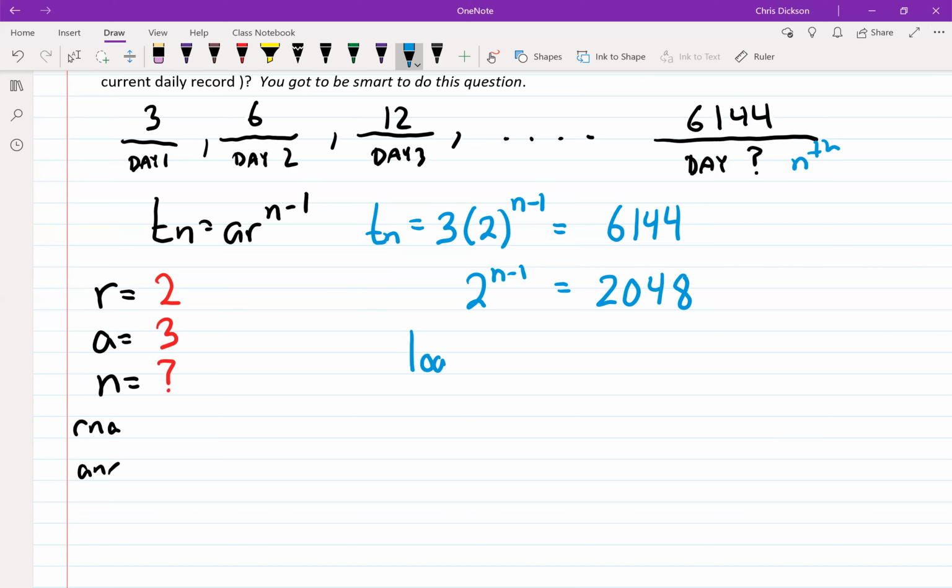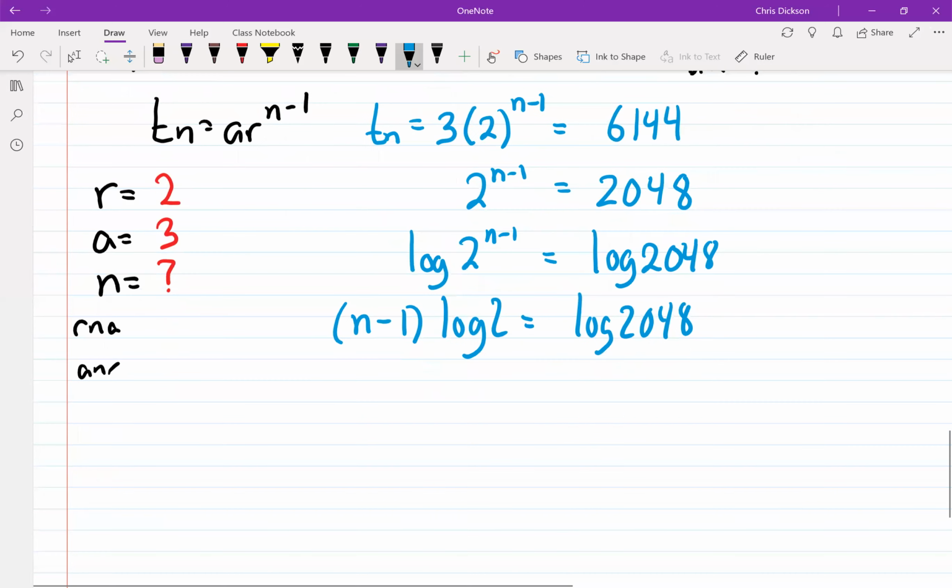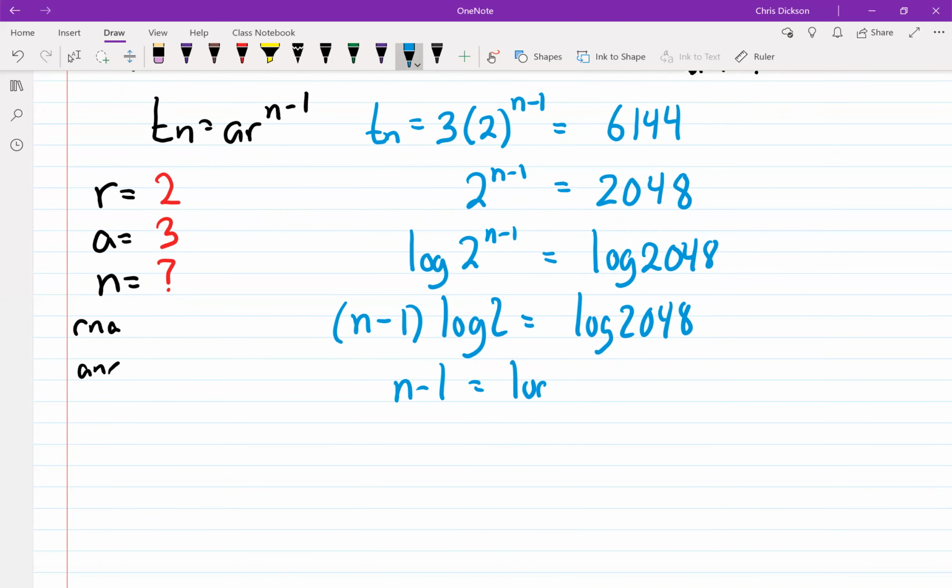So I need to get the power out of there. So I'm going to log both sides of the equation. And then I'm going to move the exponent in front, using my power law. So n minus 1 times log of 2 is equal to the log of 2048. And I'm going to divide both sides by log of 2, and I'm going to bring the 1 over.